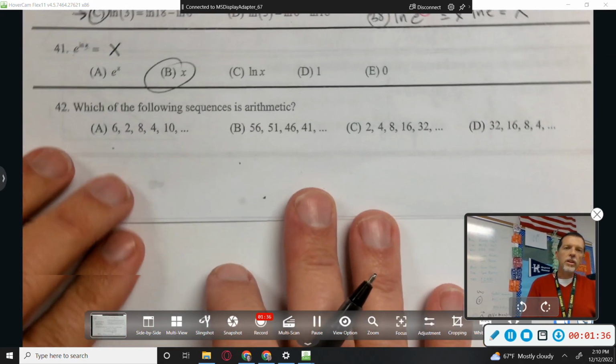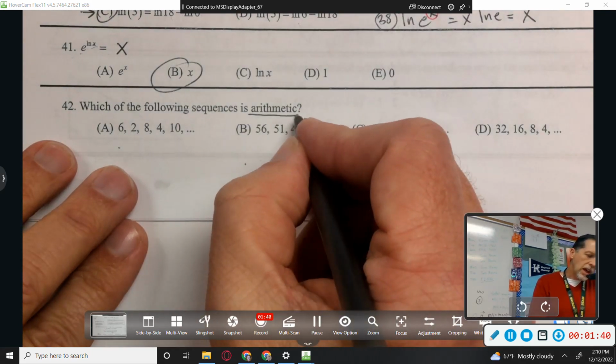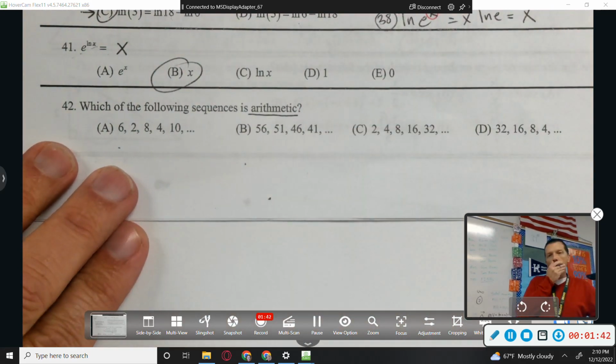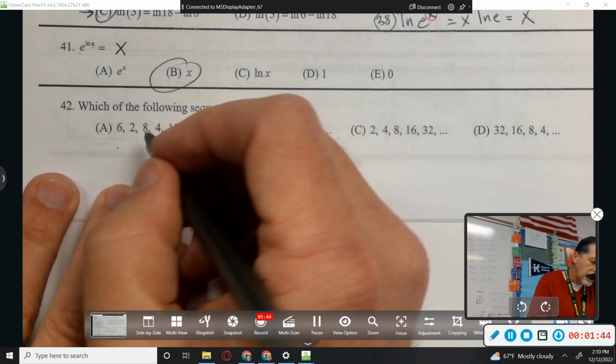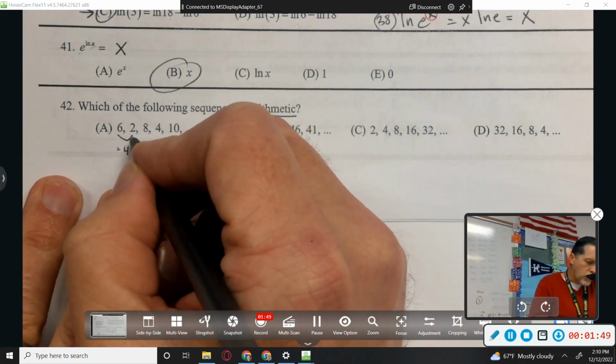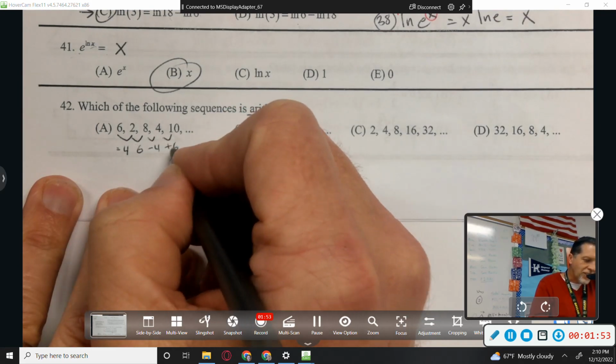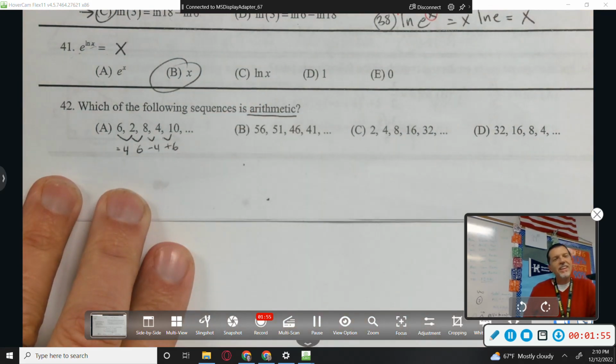42. Which of the following sequences is arithmetic? See, arithmetic means we add or subtract to get to the next one. So minus 4, plus 6, minus 4, plus 6. That's a curious sequence, but it is not arithmetic.